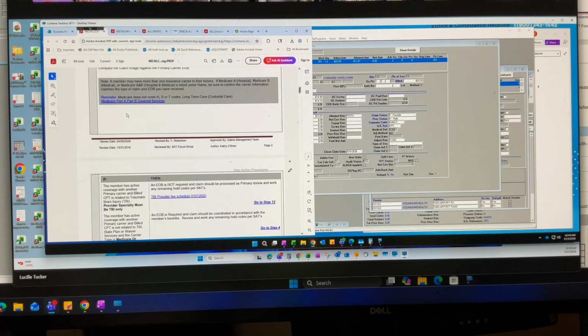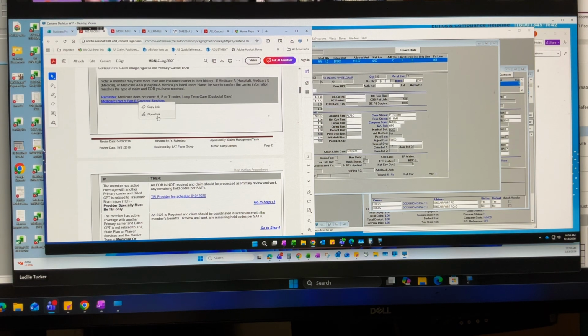So, they are reminding us that the member may have more than one insurance carrier. For Medicare A, hospital, Medicare B, medical, or Medicare AB is listed under name. Be sure to confirm the carrier's information matches the type of claim and EOB you've received. And then it's reminding us that Medicare does not cover HS or T codes or long-term custodial care.